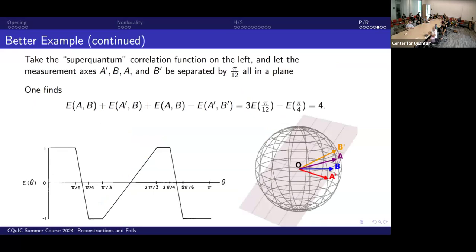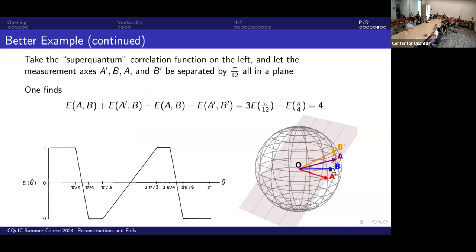Now what this paper says is, okay, take this kind of convoluted super quantum correlation function, whose effects are described on this bottom left figure here, which the paper admits is convoluted, contrived. But then consider measurement axes A prime, B, A, and B prime, which are separated by angles of pi 12ths, all on the same plane here.